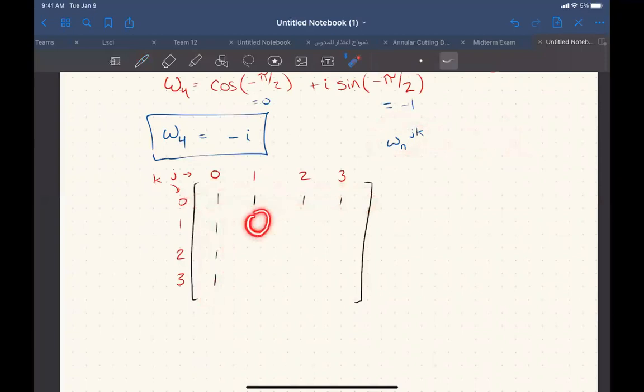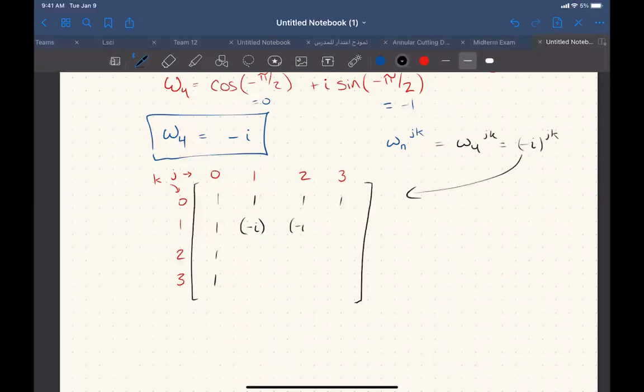But we can start filling in the values here. So here we have j 1, k 1, we would have negative i. Omega n, of course, is omega 4 to the jk. We've determined omega 4 is negative i. So it's negative i to the jk that we're putting in there. So here we have negative i.